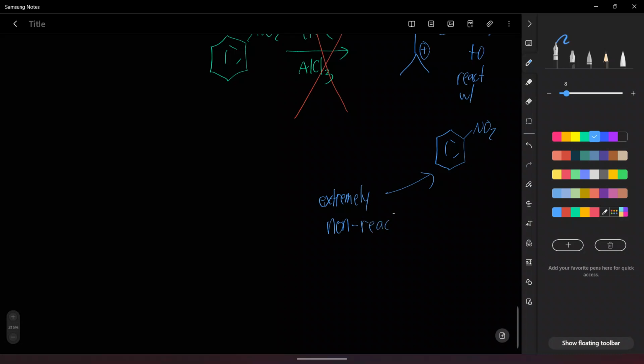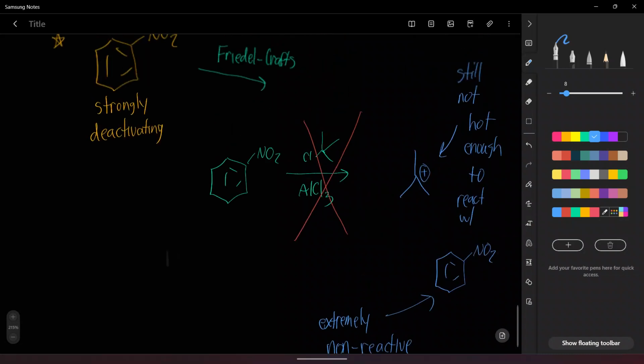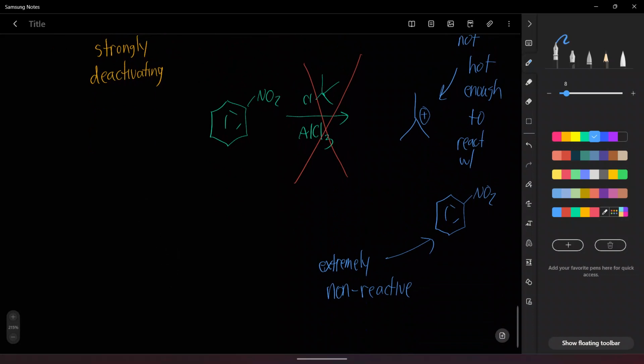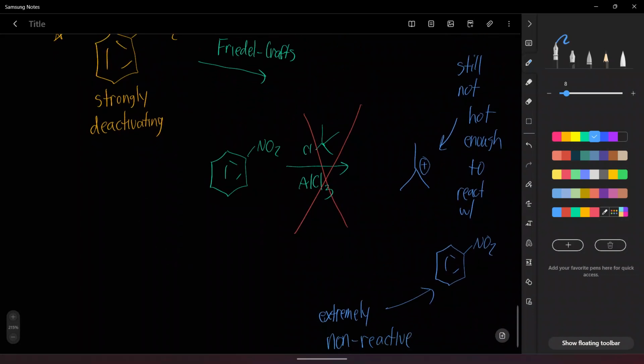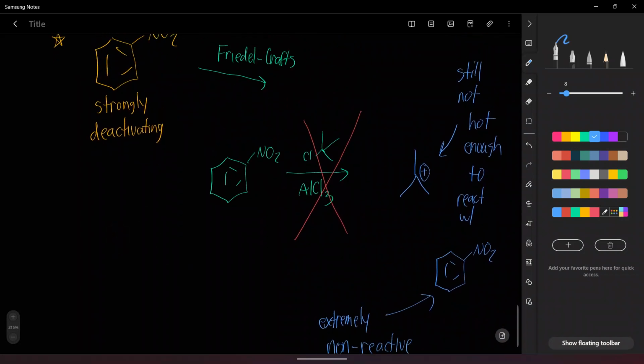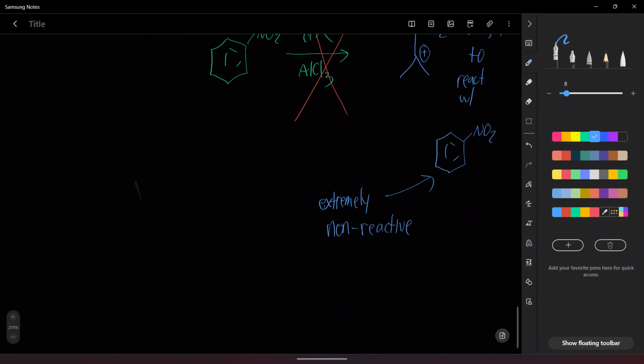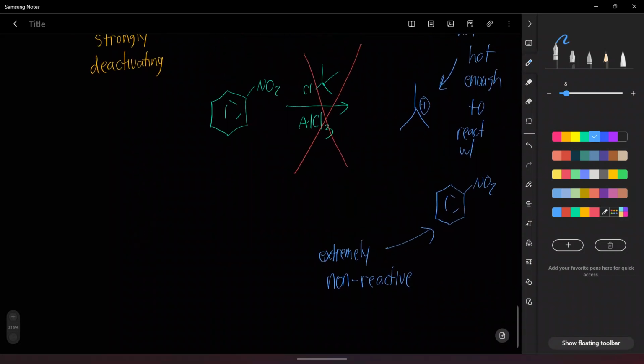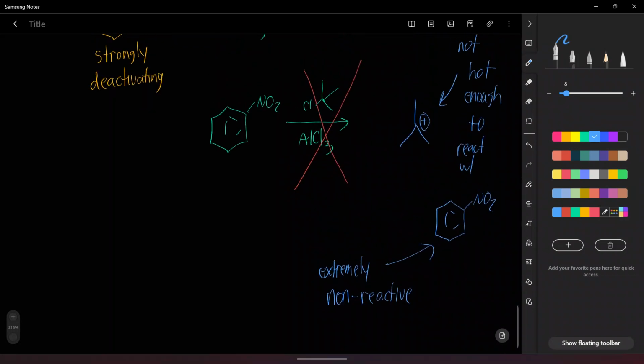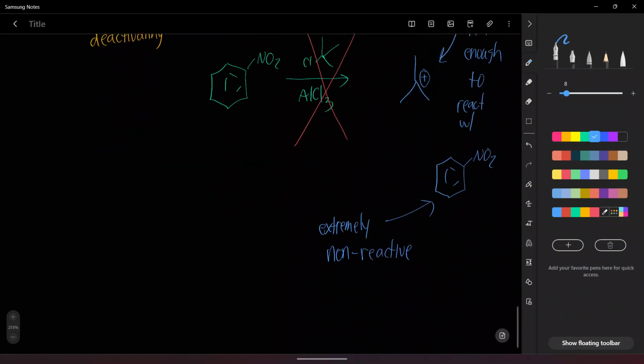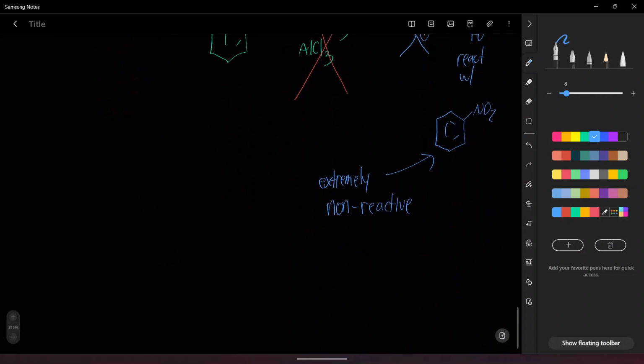This is only the case with Friedel-Crafts alkylation, because the electrophile in Friedel-Crafts alkylation is actually the least hot of all of the electrophiles. So nitrobenzene can still do pretty much all of the other reactions in EAS, but it is not going to be able to do Friedel-Crafts alkylation because it's simply not reactive enough.